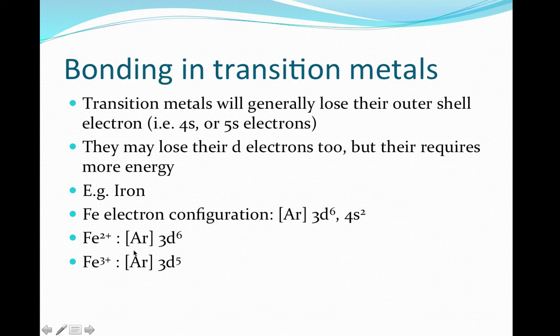But if it makes Fe3+, it loses these 2 electrons plus 1 of them. That gives us a half-filled D subshell, which, as we know from our copper and chromium exceptions, remember, a half or a fully filled D subshell is more stable. So that's why it quite likes to do this, as well as liking to do that.